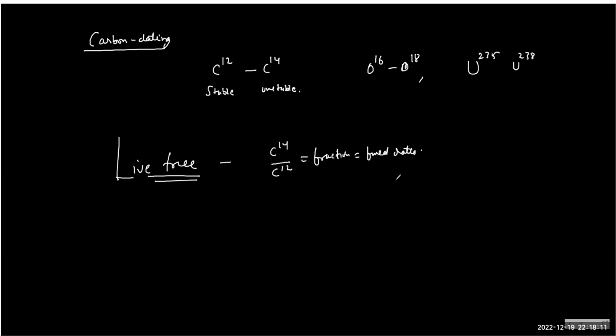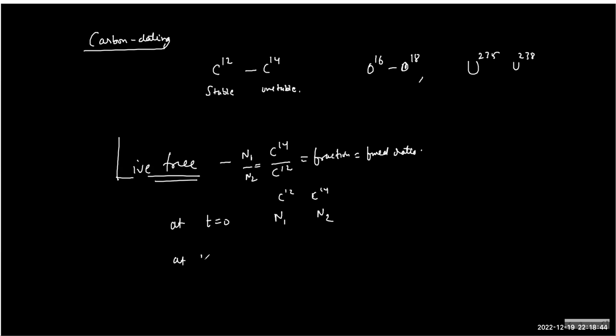So once a tree dies, what will happen next? Let's say we have some numbers N1 and N2 in the beginning, at t equals 0.